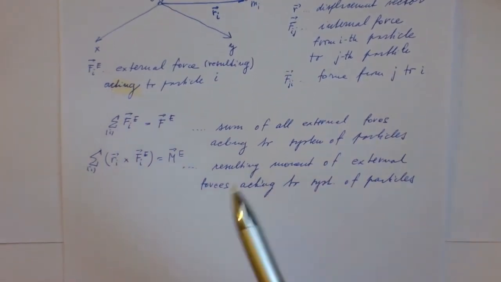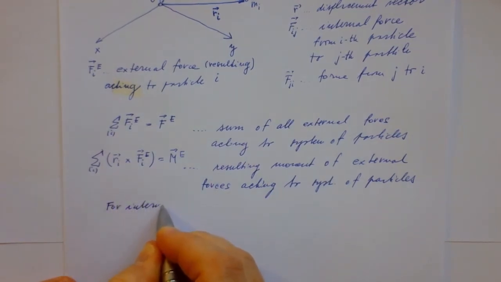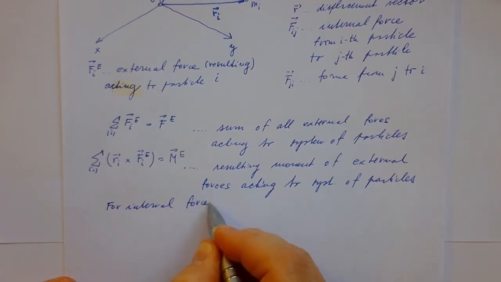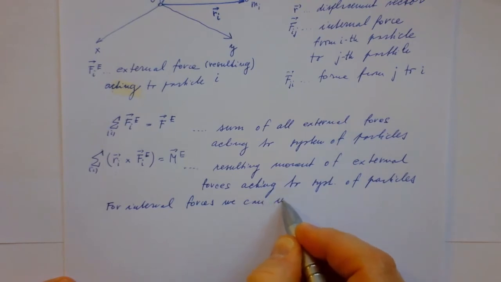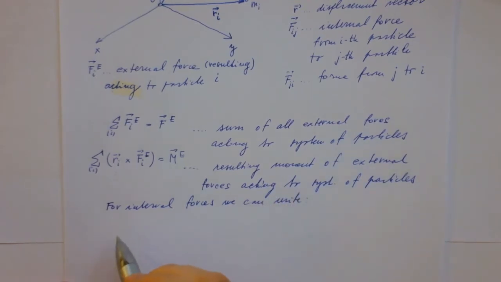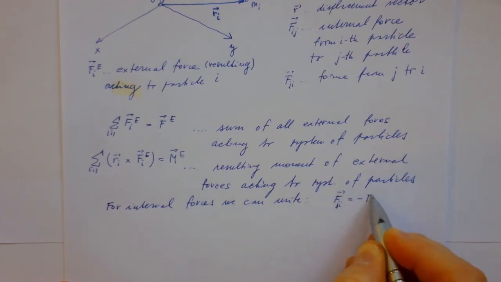For internal forces, we can write, or better, maybe I can first denote this, that Fji is equal to minus Fij.